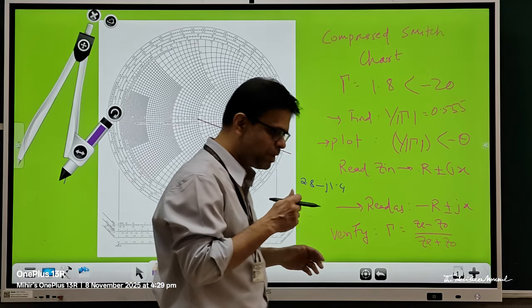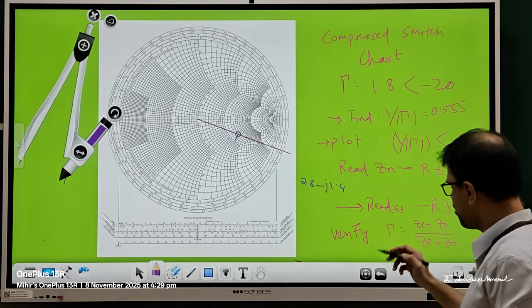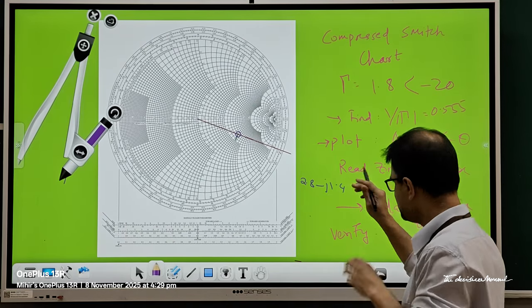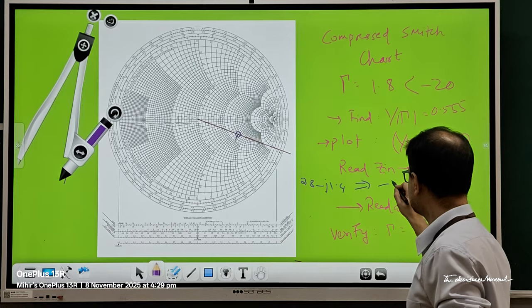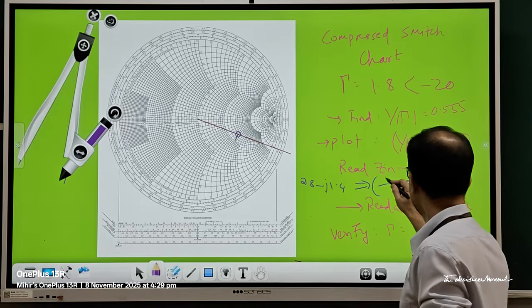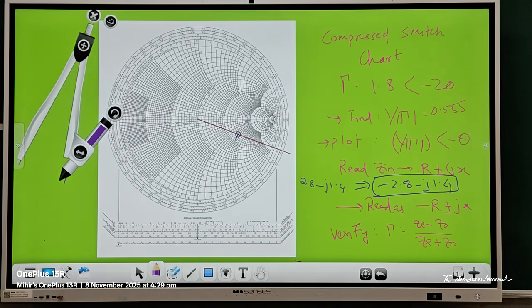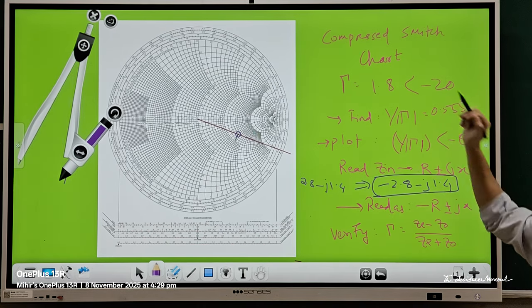Next step, remember it is a negative resistance Smith chart, so naturally it is not a positive value of R. So read this value as -2.8 -j1.4. This is the value of Z for that particular reflection coefficient, which is 1.8.